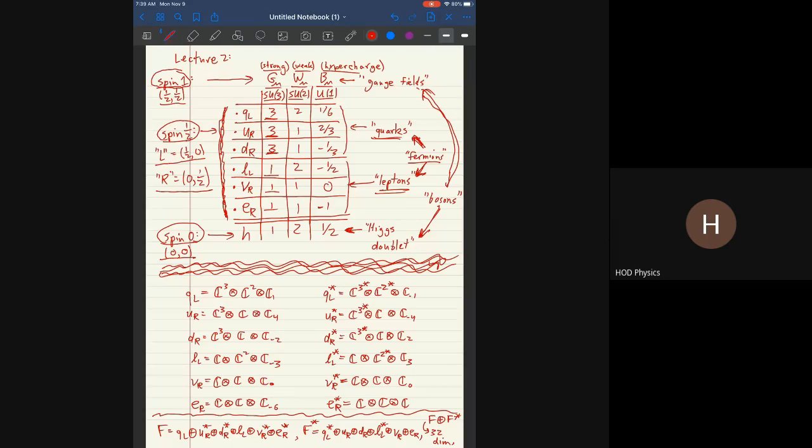Now, in principle, you have all the information you need to write down the Lagrangian of the Standard Model, or in other words, the action functional of the Standard Model, the formula from which you derive everything else about the model.